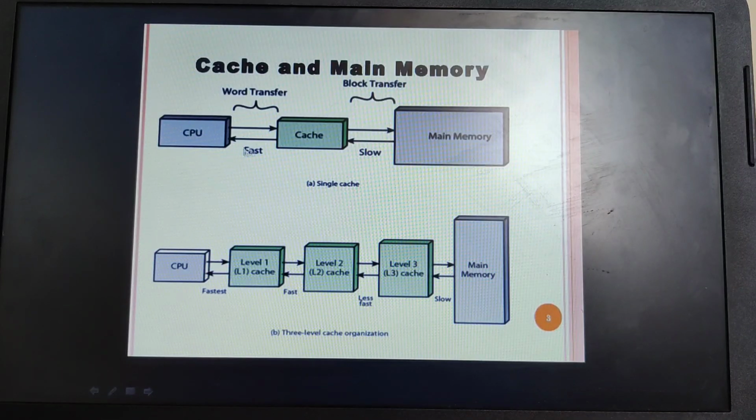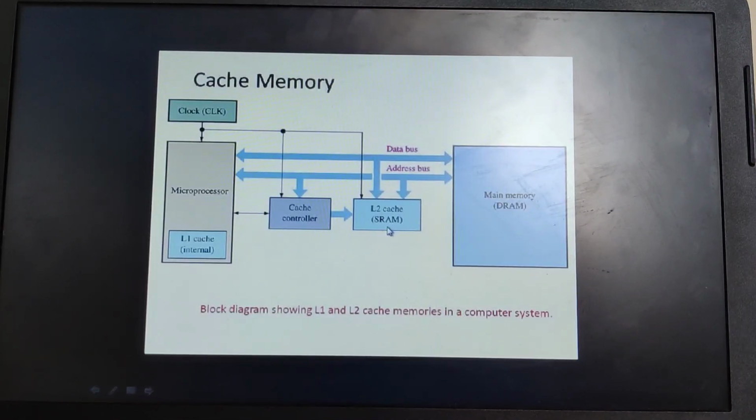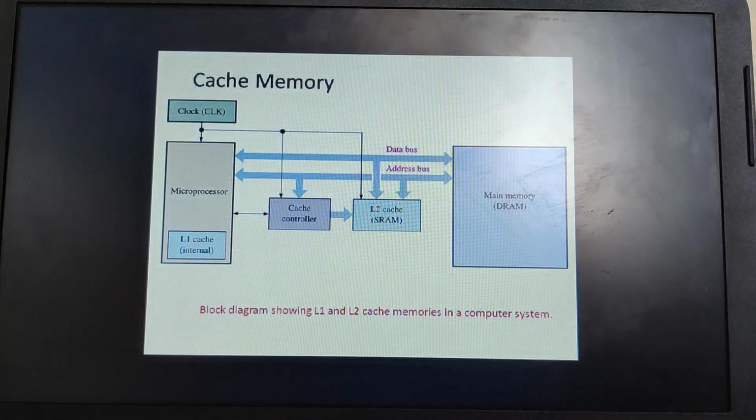That is the reason the data transfer between the cache memory and the CPU proves to be the fastest, because they are using the high speed system bus. And what might be the size of this L2 cache memory? It may be available up to 6 MB. But nowadays, as there are upgrades, more than 6 MB of cache memory might also be available.